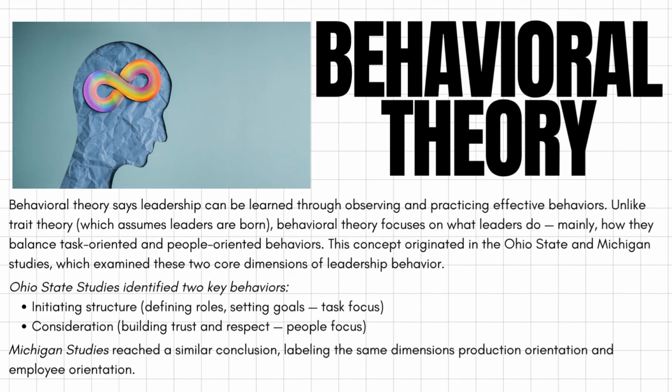This concept originated in the Ohio State and Michigan studies, which examined those 2 core dimensions, task-oriented, people-oriented, of leadership behavior. The Ohio State and Michigan studies, now you don't need to memorize them, but they are worth knowing because they establish the behavioral dimensions that SHRM questions reference indirectly.